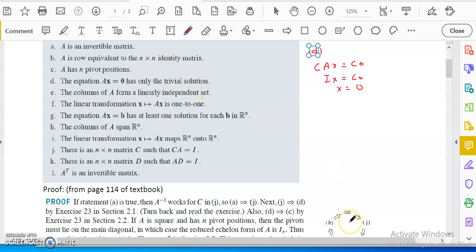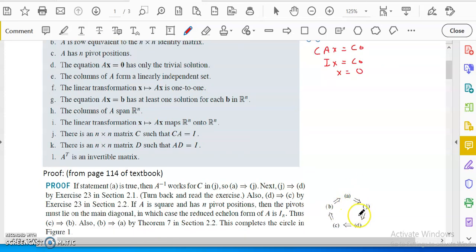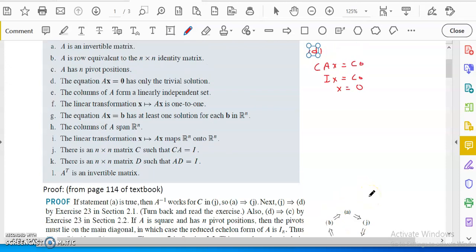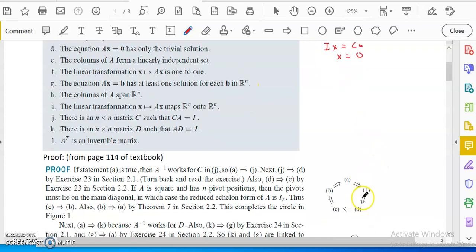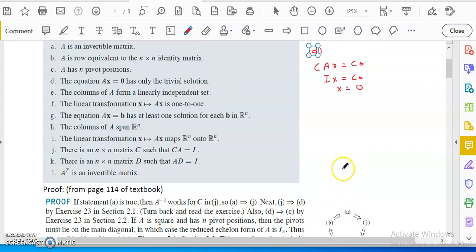From D, you can see the circle. From D, we can say C: if it only has the trivial solution, then it must have n pivot positions, so there's no free variable. Then it goes back to B: if it has n pivot positions, then it is row equivalent to the n times n identity matrix. Pivot position means it has 1, 1, 1, 0, 0, 0, all those.